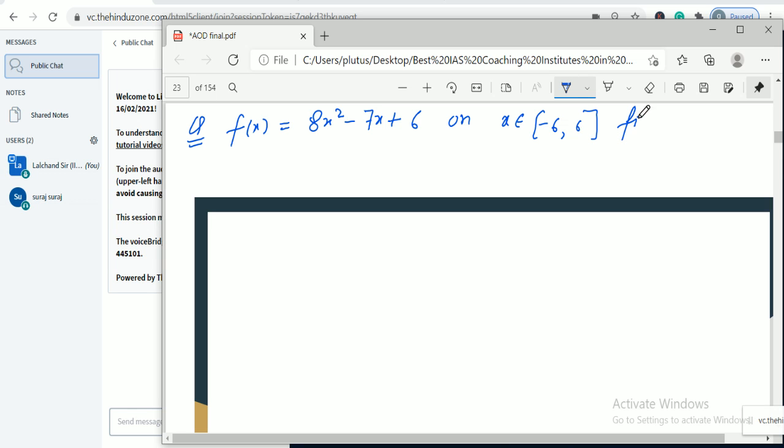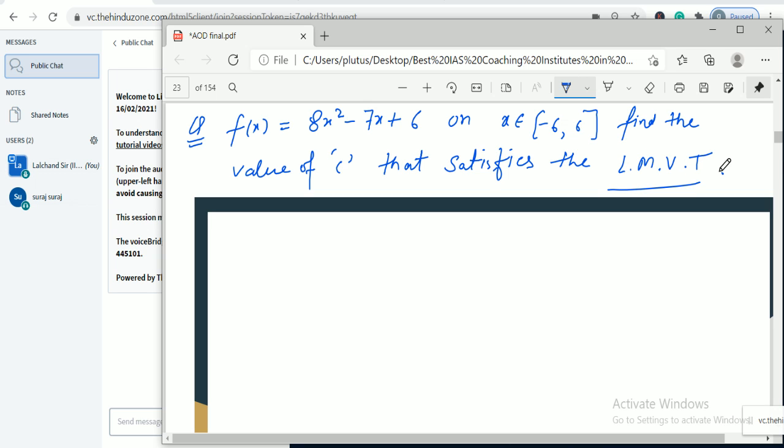Find the value of c that satisfies the Lagrange's mean value theorem. Can you tell me the value of c for this curve?